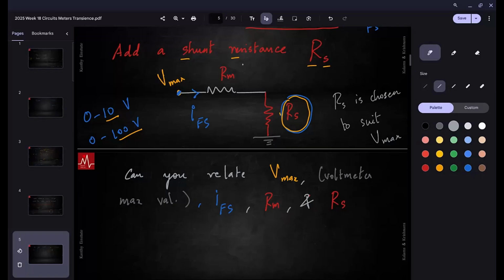Apply basic circuit laws. If I apply a Vmax here, at this terminal where I measure, there are two resistances there. The current in it is IFS. Can we relate Vmax, IFS, Rm, Rs?